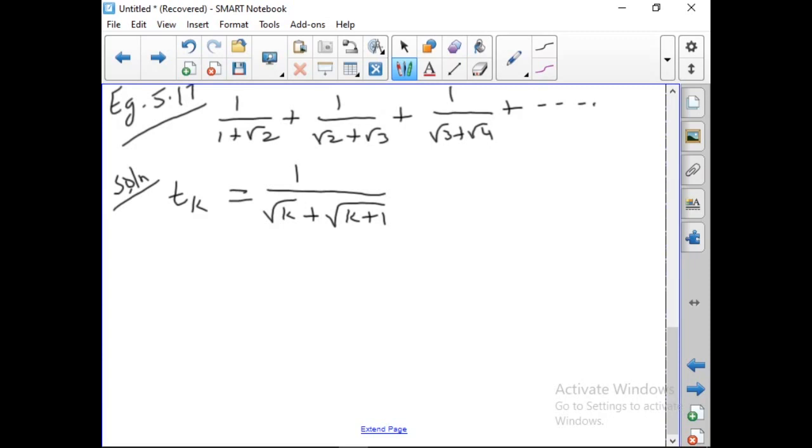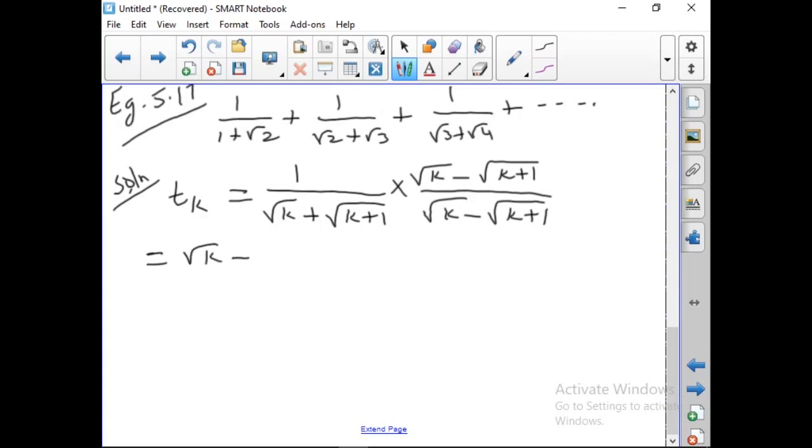Now, this term can be simplified like this, that is, multiply numerator and denominator by the conjugate. Then what will come? Root k plus 1 by root k minus root k plus 1. So in the numerator what we have is root k minus root k plus 1, and the denominator is of the form a plus b into a minus b.